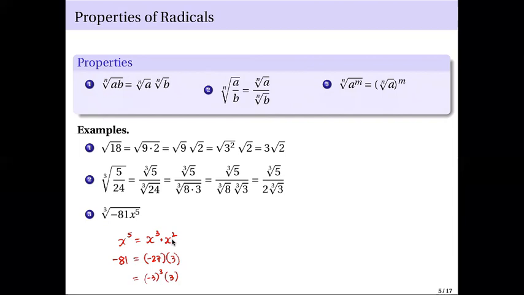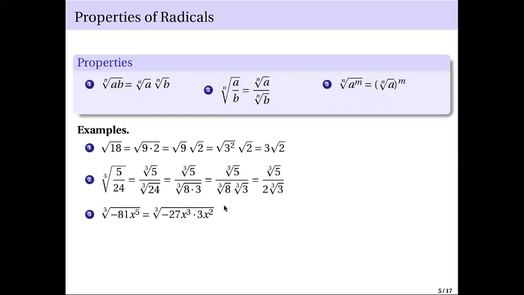We group them together. You have the x cubed and the 3 in here. Oh, the x squared and the 3 in here. Okay? So this cube root of negative 81 x to the 5th power can be written as negative 27 x cubed times 3x squared.